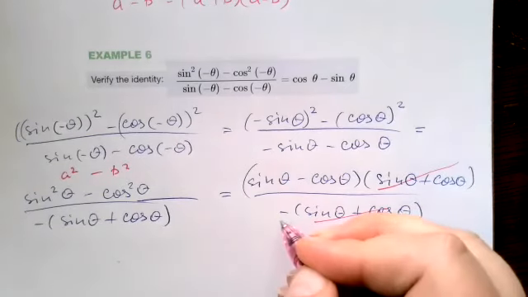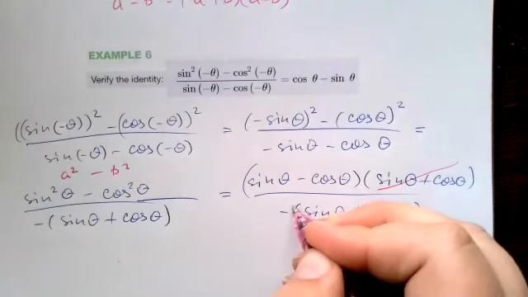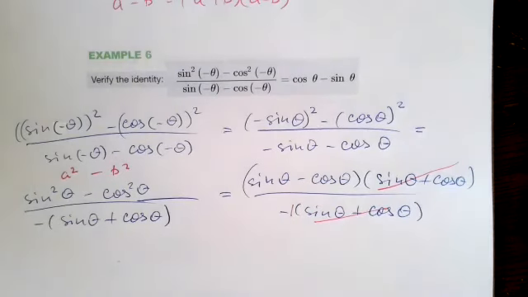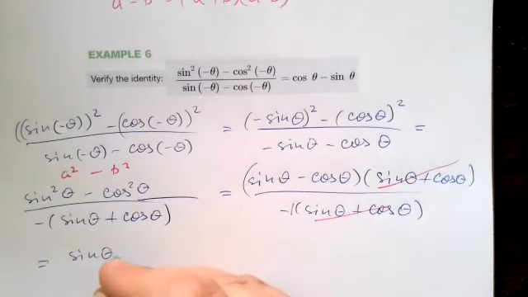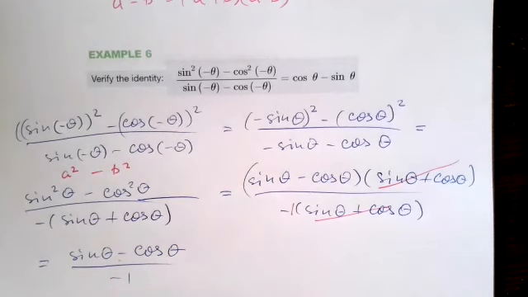And notice this is not just negative, this is just an invisible -1 there, which is going to stay in the denominator. So what do I have? I have sine theta minus cosine theta in the numerator and a -1 in the denominator.